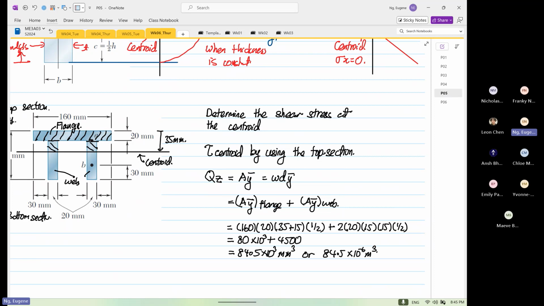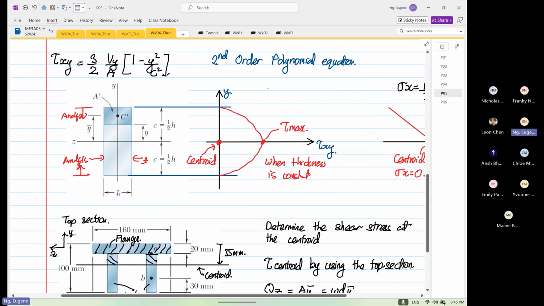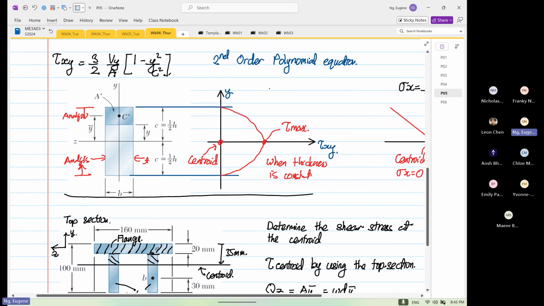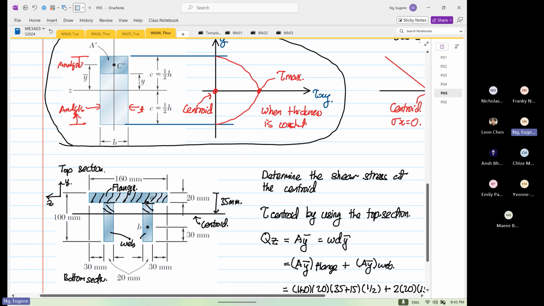Now what will happen if we apply using the bottom section? So now coming back to this rule, this theory over here, if the thickness is constant, so the thickness is constant over here, we are focusing on the web.